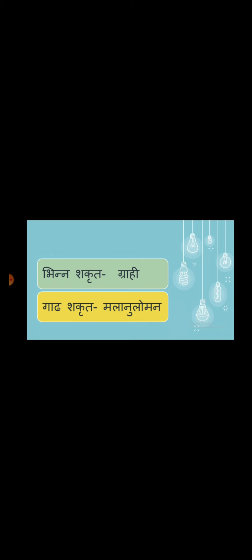When Vagbhata divided the treatment, it is divided into Bhinna Shakrut, where Grahi treatment is advisable, and Gadha Shakrut, where Mala Anuloman is required. We rarely see Bhinna Shakrut patients, where usually the patient has a prior history of IBS, IBD or anything related to Crohn's.